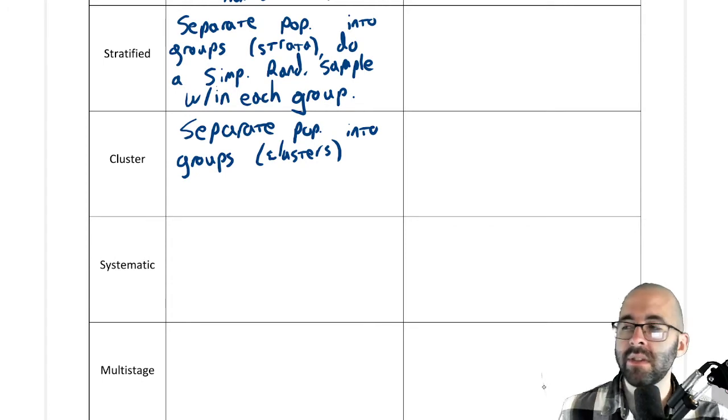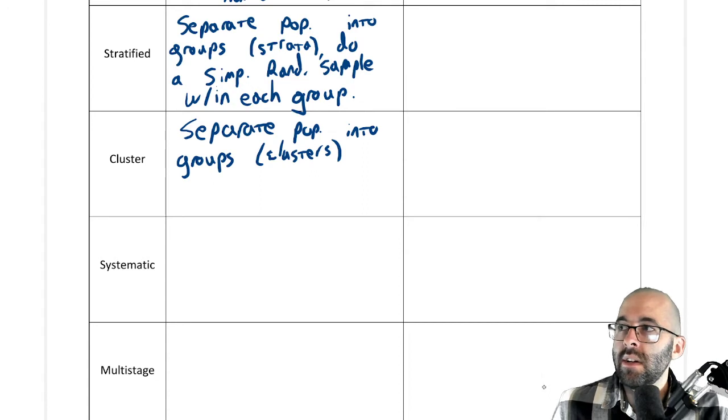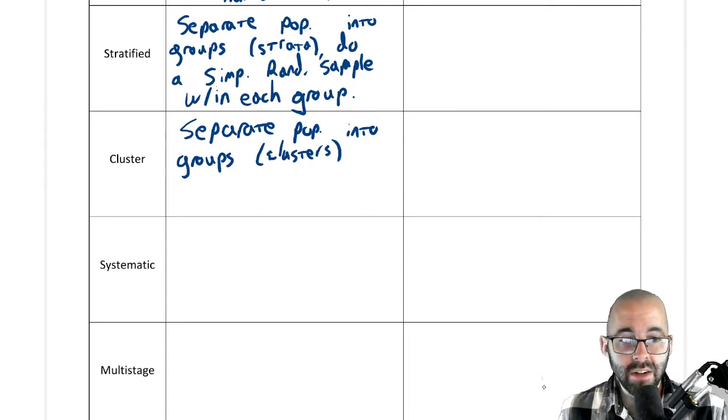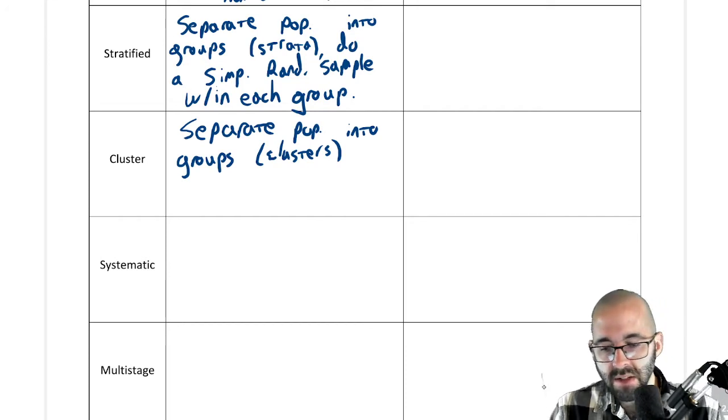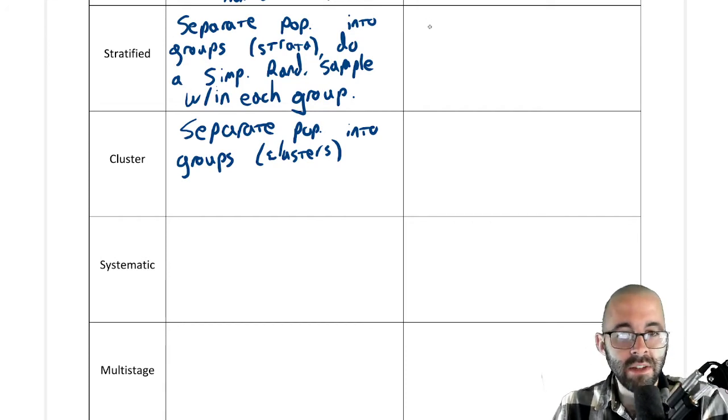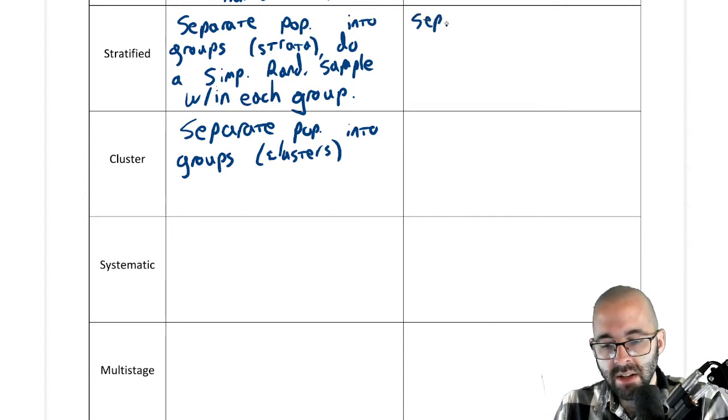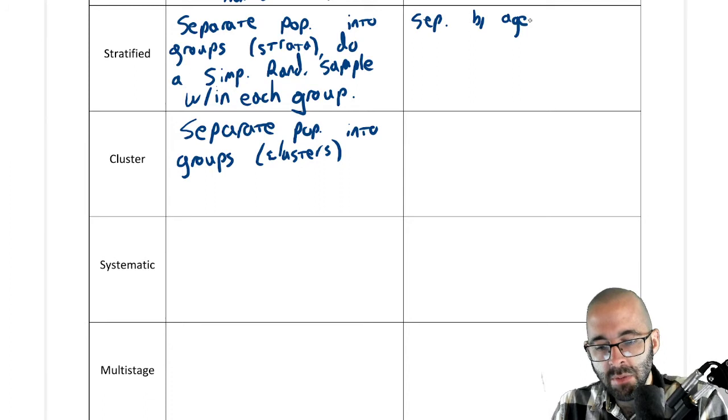What kind of variables are we curious about a distinction here? Okay, so maybe we separate it by age. Maybe separate by age.